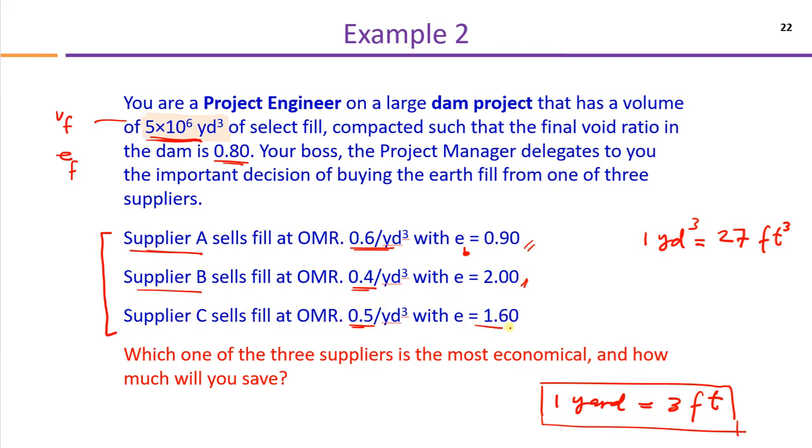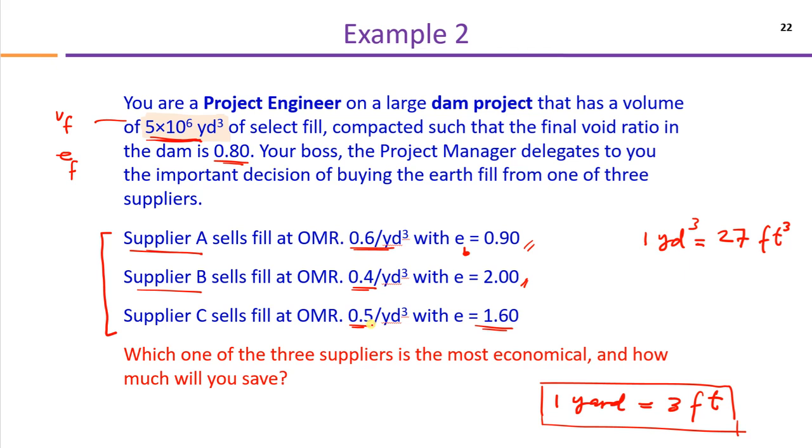So if we look at just the rate, then supplier B looks cheaper because the unit rate is less, 0.4 Omani Real per cubic yard, and supplier A looks more expensive. So you are not going to decide based on the unit rate. We are going to decide based on the total cost, because the void ratios are different.